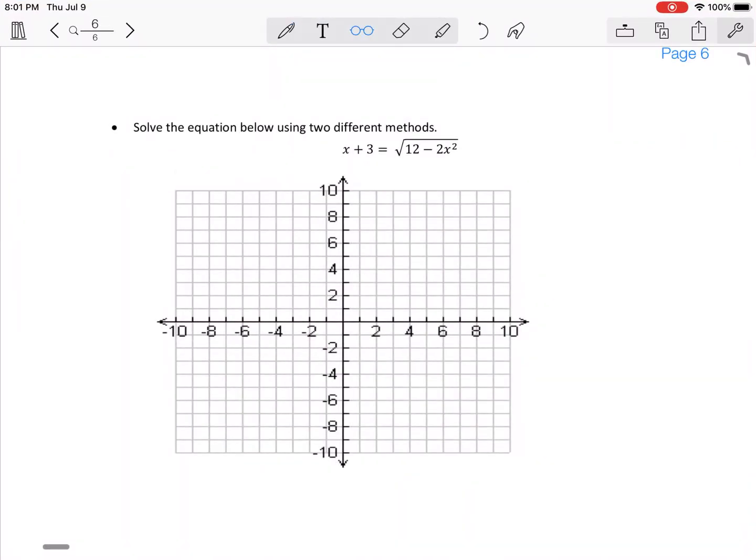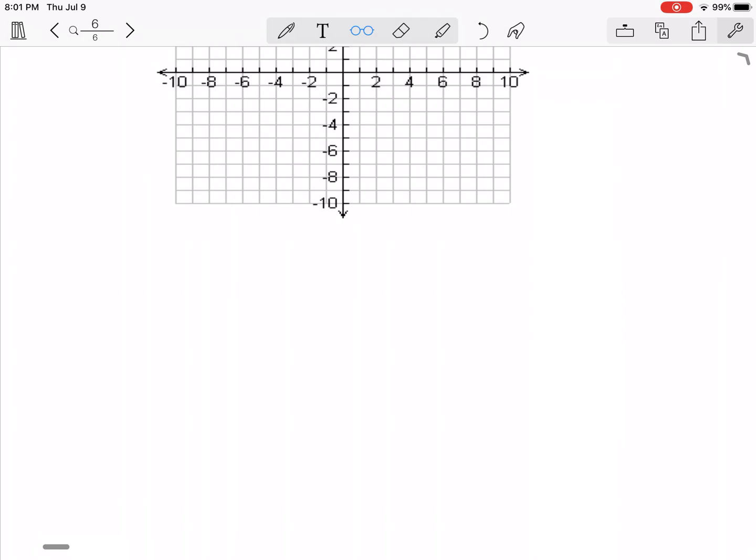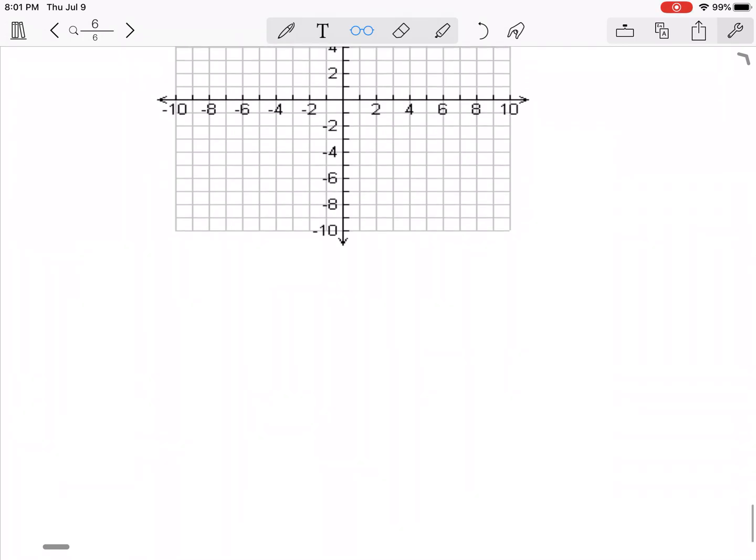Okay, so we got our answers from the graph. So now let's look at doing it a different way, again algebraically. Let's look at the restriction here. We're looking at inside the root.